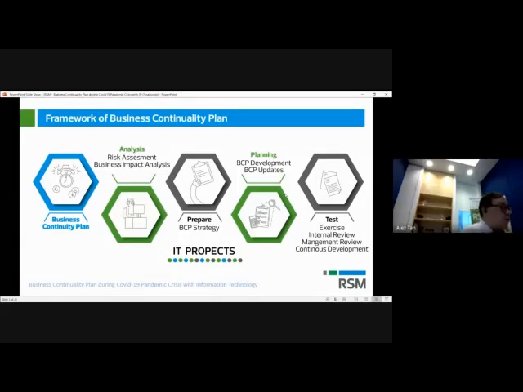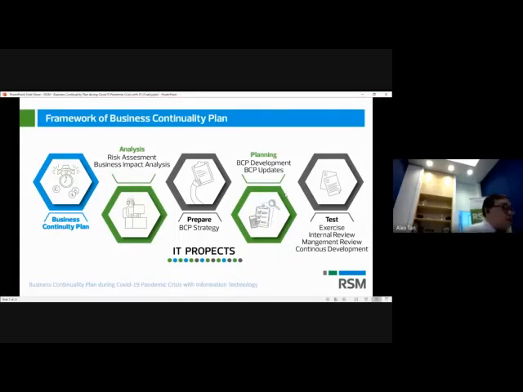Then the next one is the preparing stage, which will be identifying the objective of the plan and setting goals, choosing the business continuity team, identifying key business areas and critical functions, and making a plan to maintain the operations.